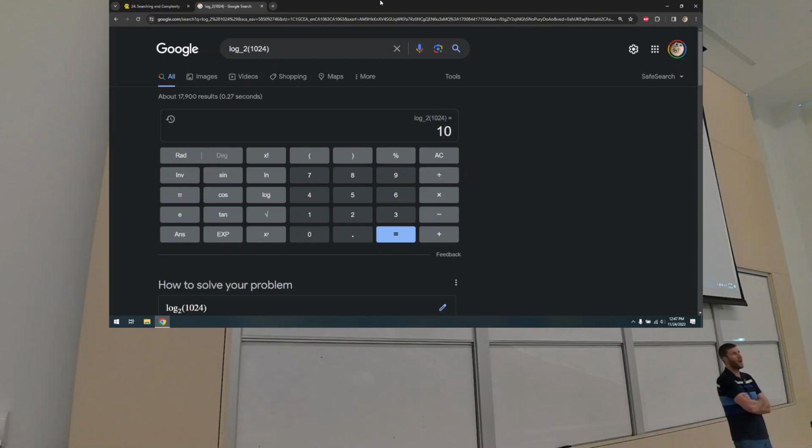When I doubled the input for the linear algorithm, I doubled the amount of work. When I doubled the input for the logarithmic algorithm, I only had to do one more unit of work. Way better.